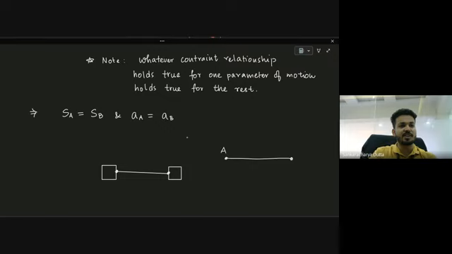Point A on the string and point B on the string should be displaced by the same amount if the length has to remain constant. So if point A goes in this direction by X, B should also go in this direction by X, then only the A to B length will always be constant. So that is the idea here.